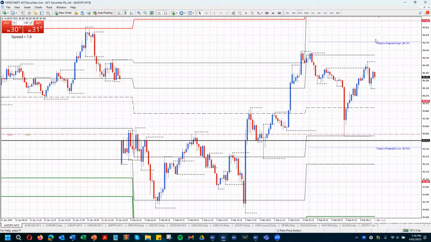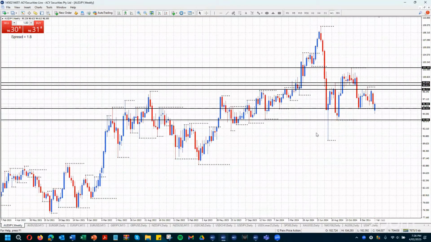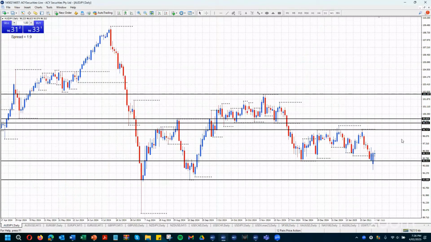All right, Aussie yen. Not much different. It's still rather range bound. Structurally, it's maybe just a little bit cleaner. Top, bottom, lower top, a lower bottom, but now we might need a rally up because support's coming there. So from the buyer's perspective, any revisit of 95.51, and it's actually revisited today.